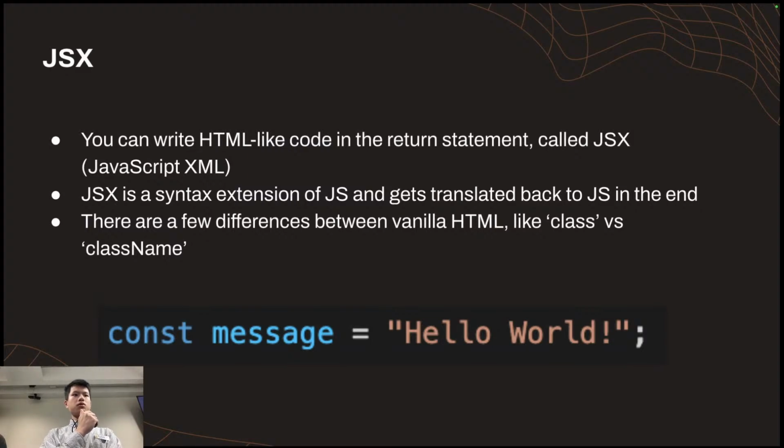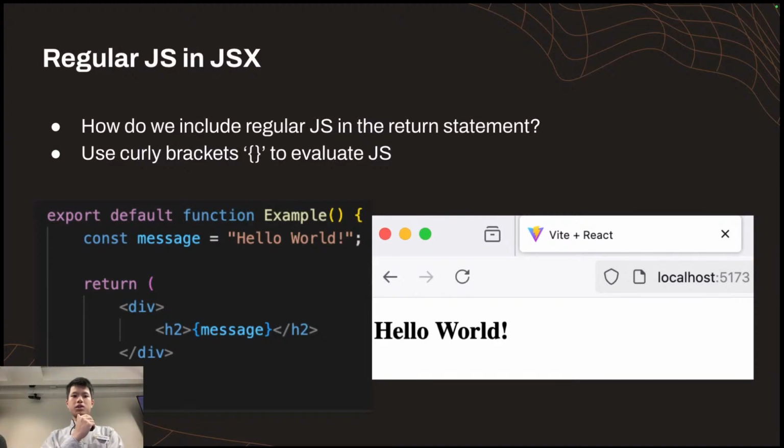There are a few differences from vanilla HTML, like className versus class, or htmlFor versus for. So, regular JS and JSX. To include regular JS in the return statement, we use curly brackets. You have a message const, and you just use curly braces to wrap it, and you add it to the return value.